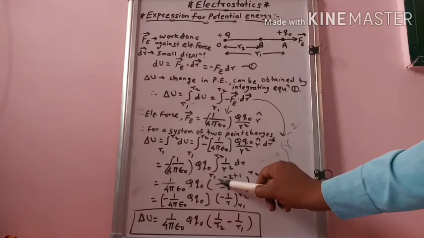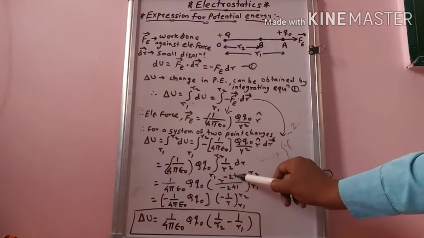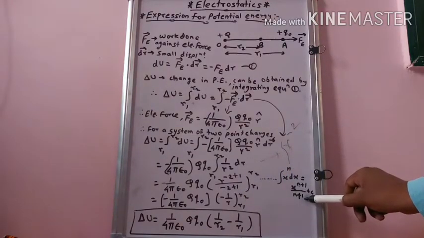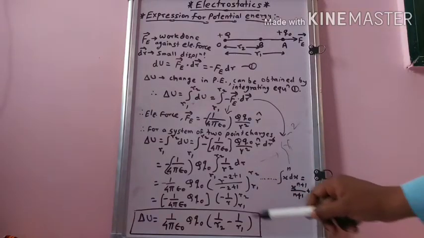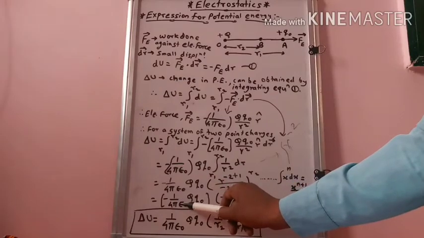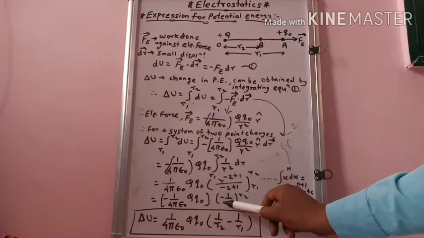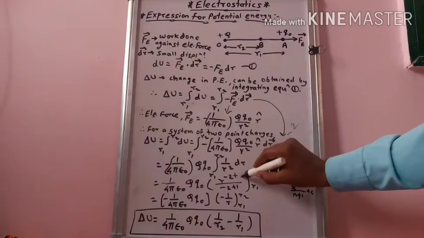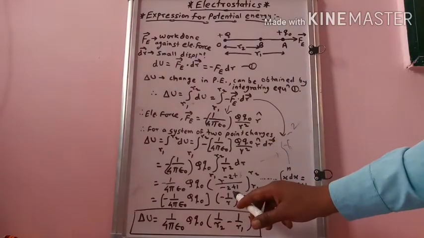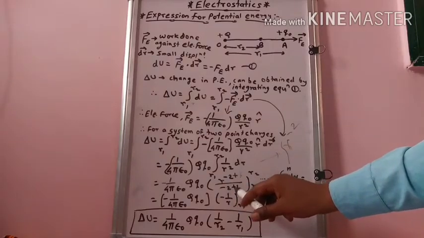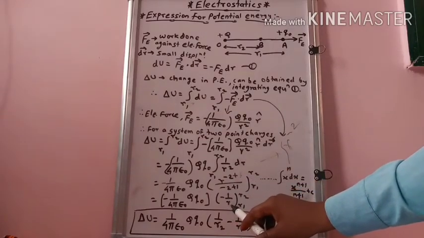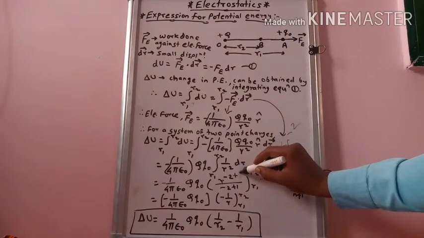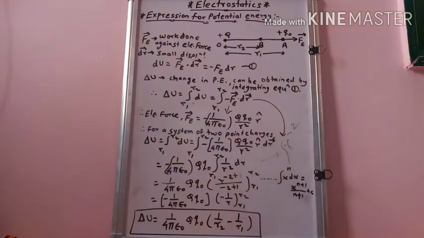Therefore this is written as r raised to minus 2 plus 1 divided by minus 2 plus 1, with the limits r1 to r2. The whole term minus 1 upon 4 pi epsilon naught Q Q0 stays as it is, and minus 2 plus 1 is minus 1, so we get r raised to minus 1 upon minus 1. Only r raised to minus 1 remains.